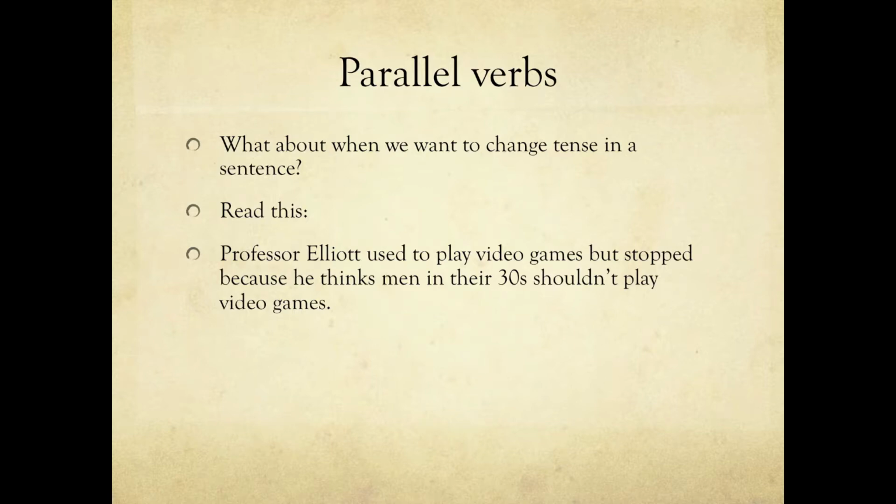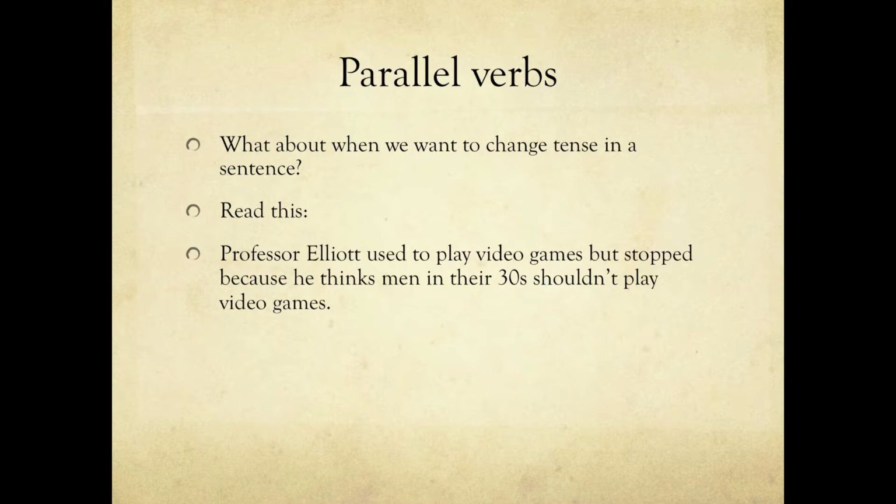So that part is going to be in the past tense because it talks about something that no longer takes place, right? Well, the part that's in present tense, he thinks, is going to be to say that I believe this now, okay?